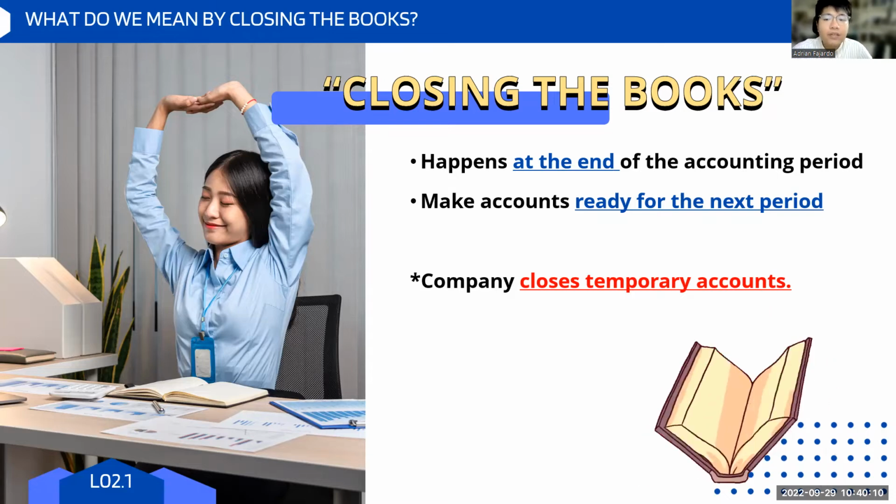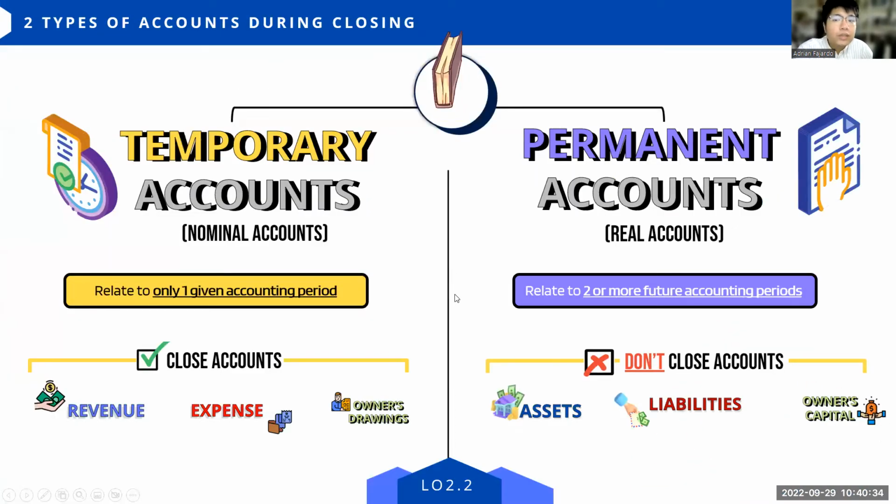In essence, the most important thing that accountants do in closing the books is close what we call our temporary accounts. You'd be wondering, what do you mean by temporary accounts? There are two types of accounts. You can categorize the different accounts, meaning your assets, your liabilities, your equity, broken down into owner's drawings and owner's capital, your expenses, and your revenues.